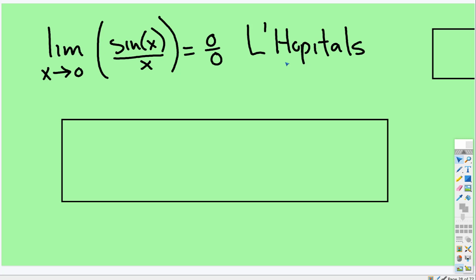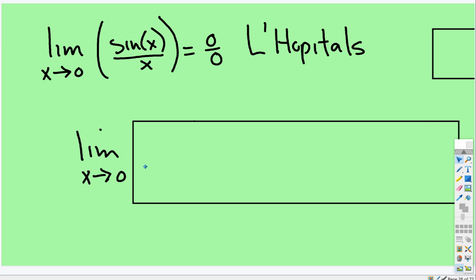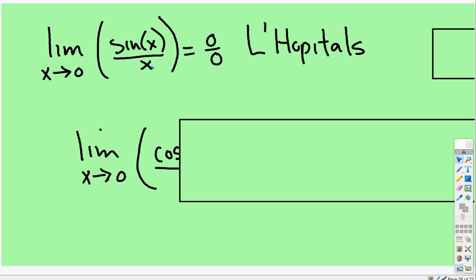But if you have, L'Hopital's rule says that when you use direct substitution, if you get 0 over 0, then you can take the limit again, but take the derivative of the numerator and the derivative of the denominator. Well, the derivative of sine x is cosine x, and the derivative of x is 1. Now you can use direct substitution.